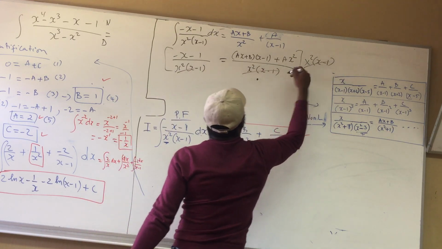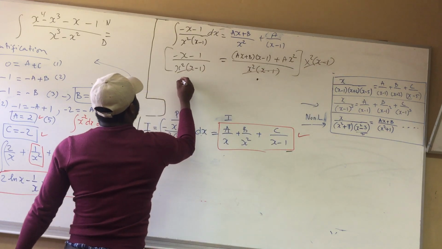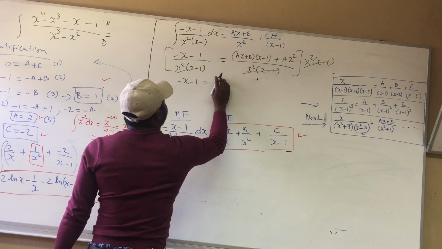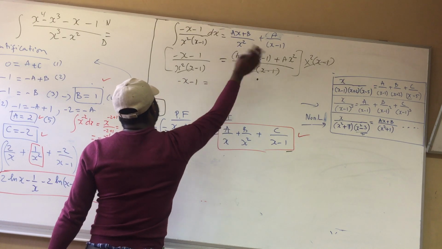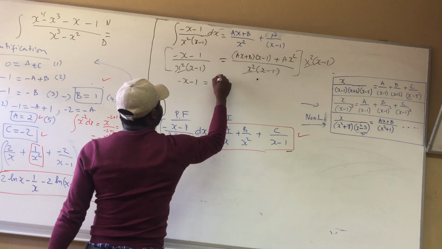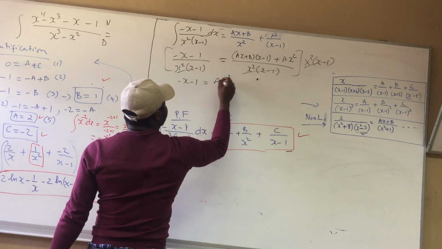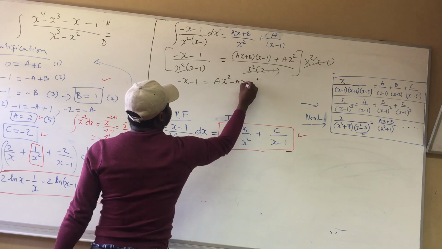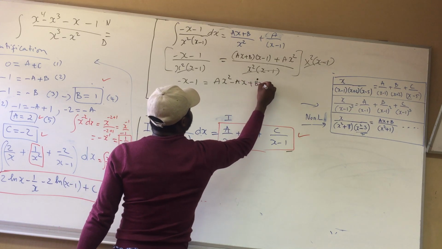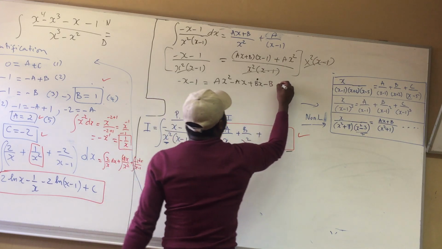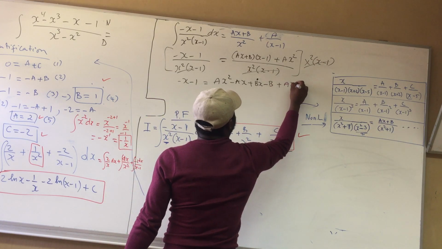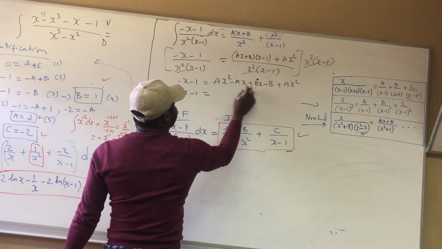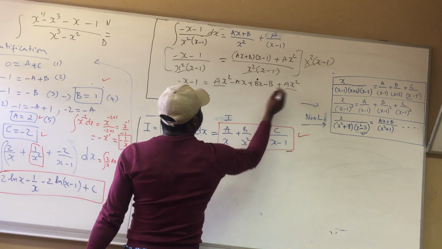Then I have -x - 1 equal to, I want to multiply it directly so that I don't have a lot of lines. So I do ax squared - ax + bx - b + a x squared. Alright? So I'm going to try to group them. It's going to give me x squared here.